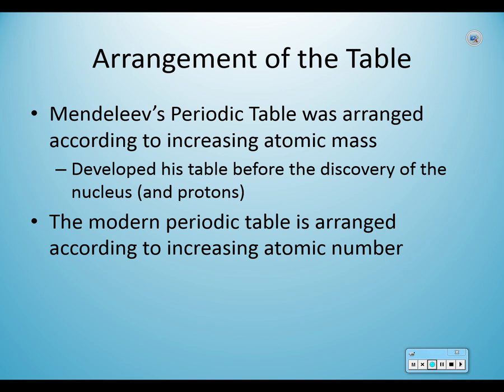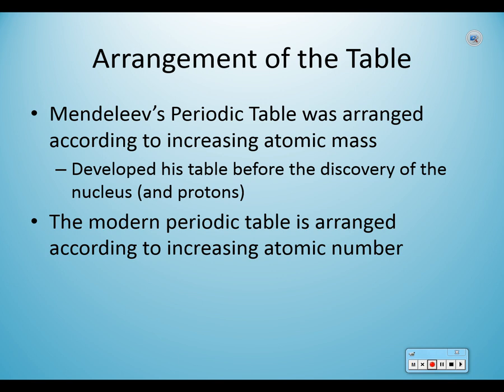Okay, back in the 1930s, a guy named Henry Moseley develops an experiment where, taking the gold foil experiment that Rutherford did, takes it another step. Rutherford only found out that the nucleus of an atom has a positive charge.